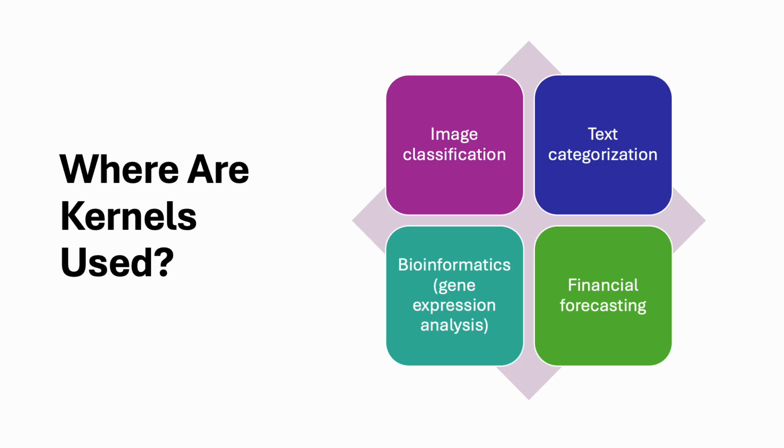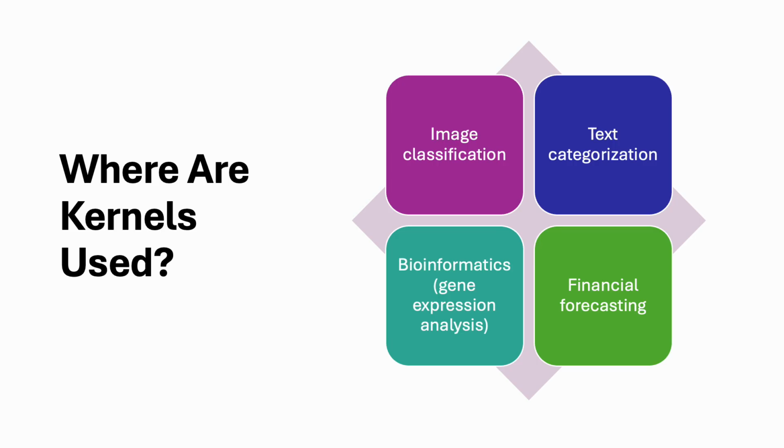Kernel methods are widely used across various fields, especially where data is complex and traditional linear methods fall short. In machine learning and artificial intelligence, kernels are the backbone of algorithms like support vector machines or SVM, Gaussian processes, and principal component analysis, also known as PCA.